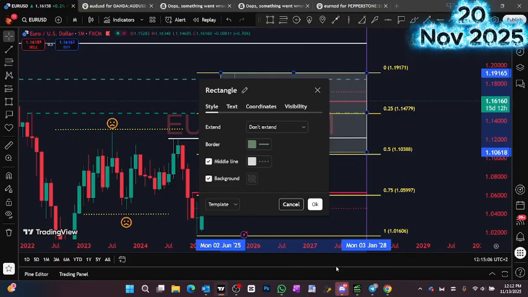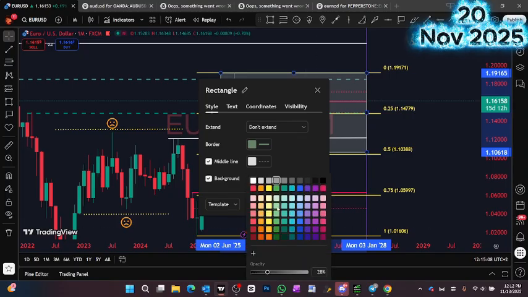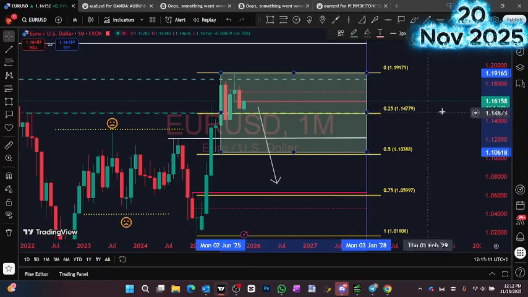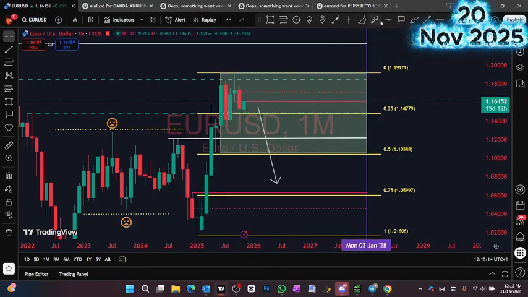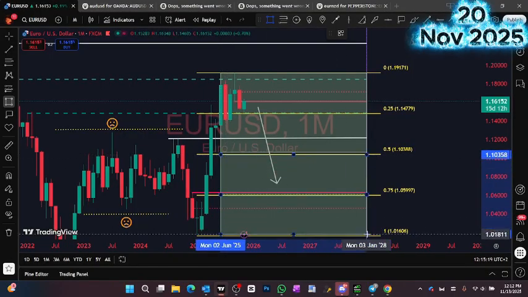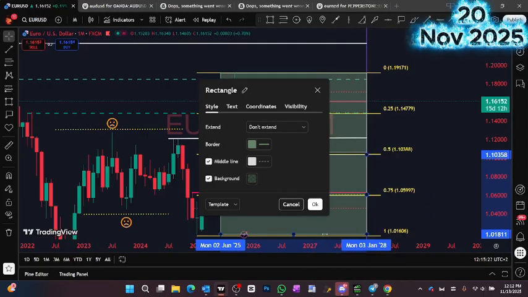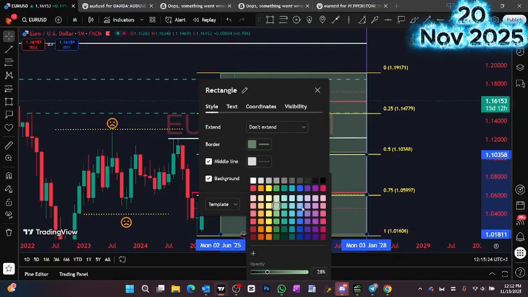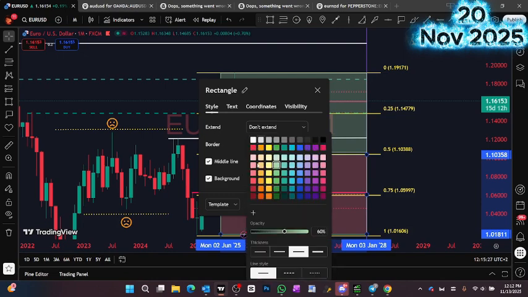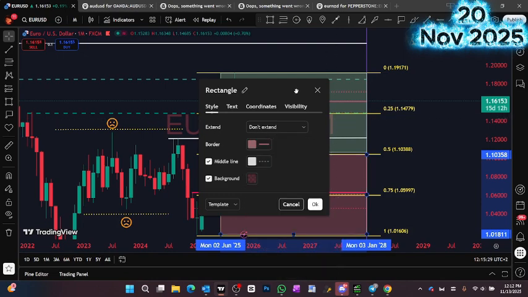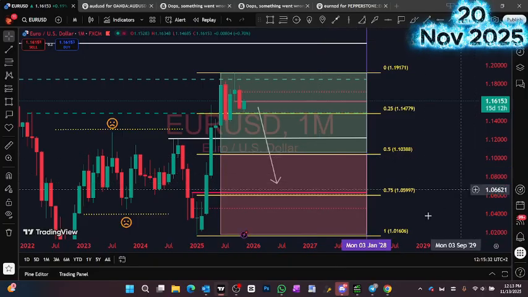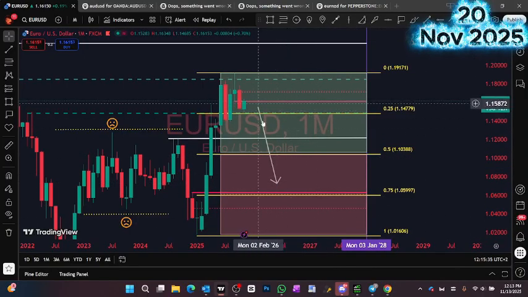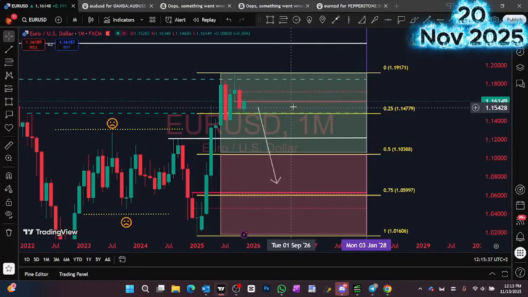And then let's use the red for here, but I'll remove them. It's just for clarification. Remember, the top part, which is green, is the premium. The bottom part, which is red, is the discount.